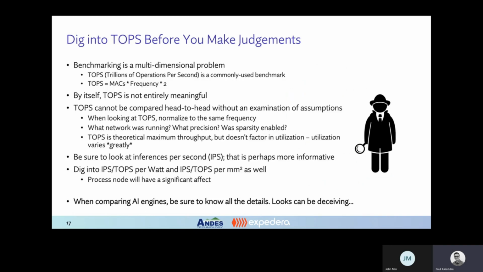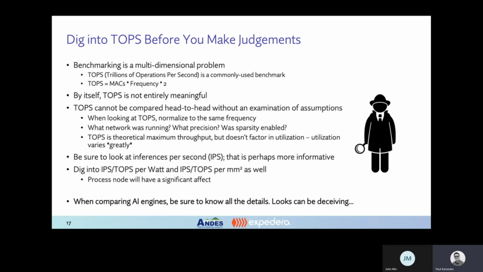So another bit of advice we'll give you in this: dig into TOPS before you make judgments. Benchmarking performance of one AI engine versus the other, it's a multi-dimensional problem. TOPS is a commonly used benchmark across the AI industry. Expedera uses TOPS, so certainly, understand that. And TOPS is, max times frequency times 2.